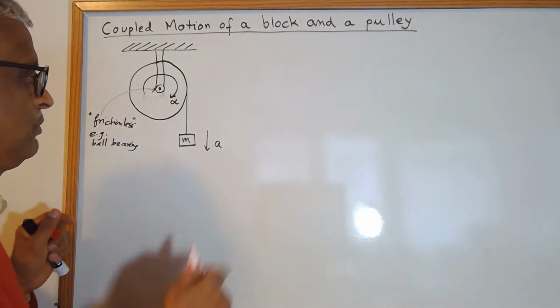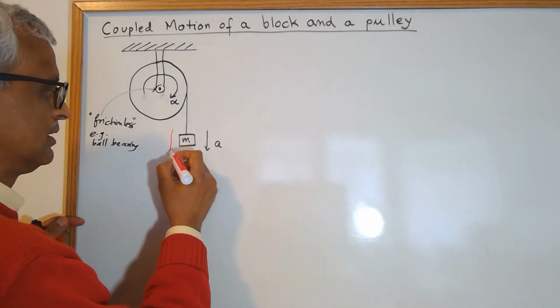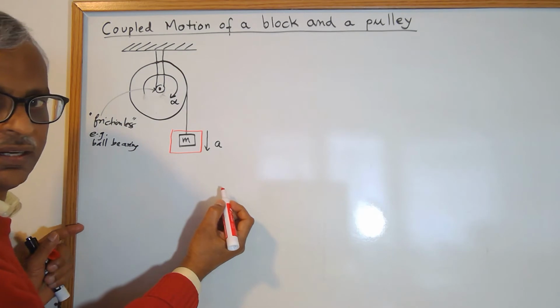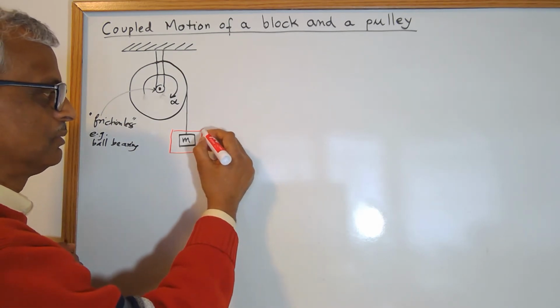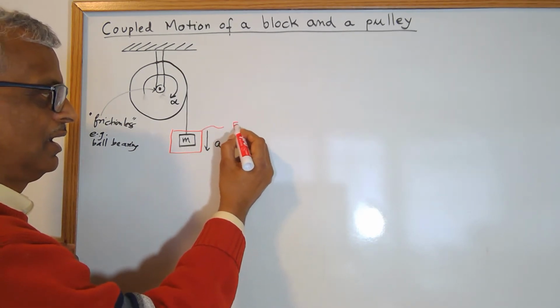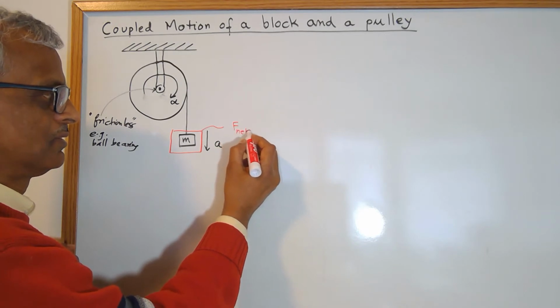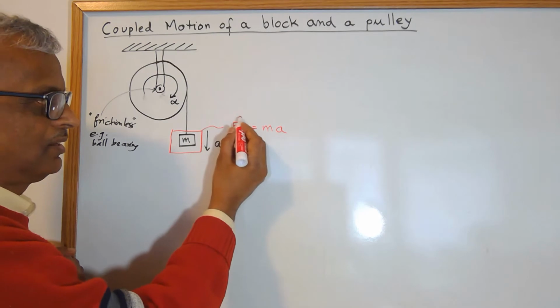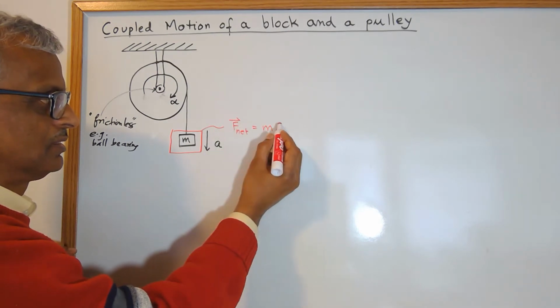So we have two systems here. One is this, and this guy's motion is going to be F equals ma. So I'm going to set it up as F net equals ma, and this is a vector equation.